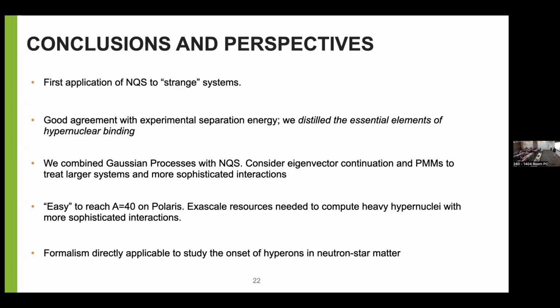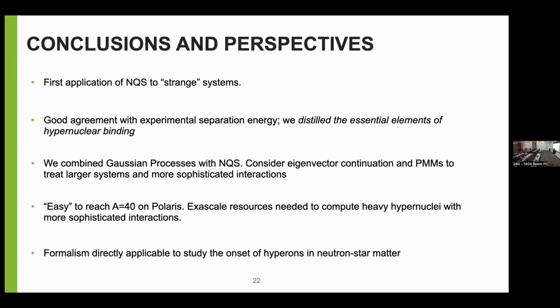Anyway, it is natural, as Jane said, to consider eigenvector continuation and parametric matrix models to treat larger systems where even this transfer learning becomes more computationally intensive, especially if we have more sophisticated interactions than these basically Gaussian-based potentials.